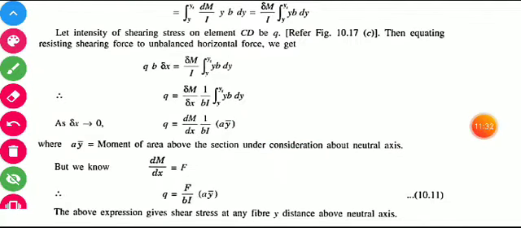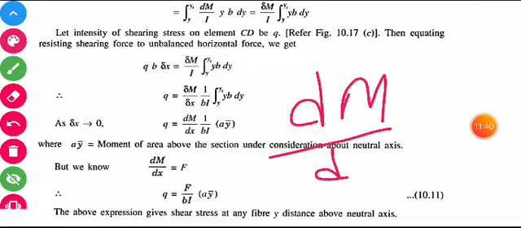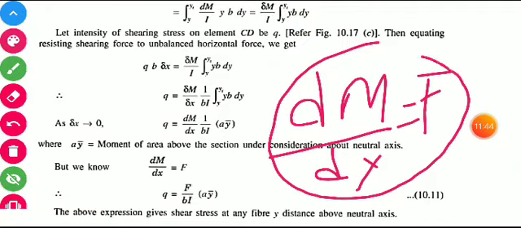Also, one most important thing: what is the value of this del M by dx? This del M by dx is nothing but our shear force. We completed one derivation during our bending moment and shear force section.